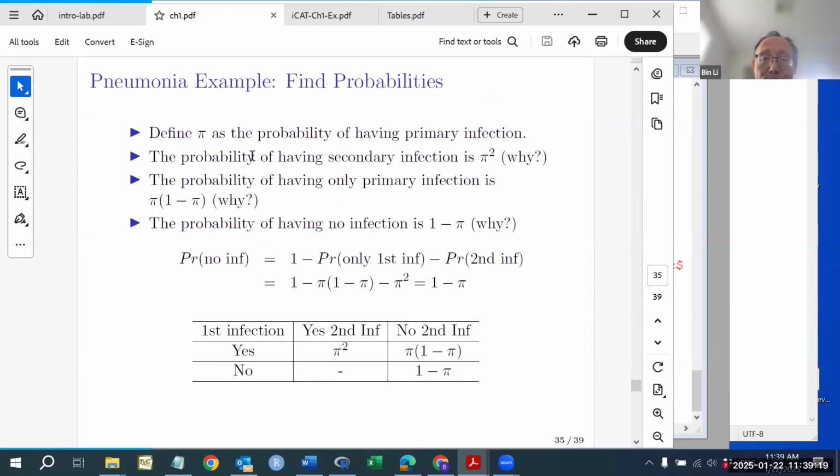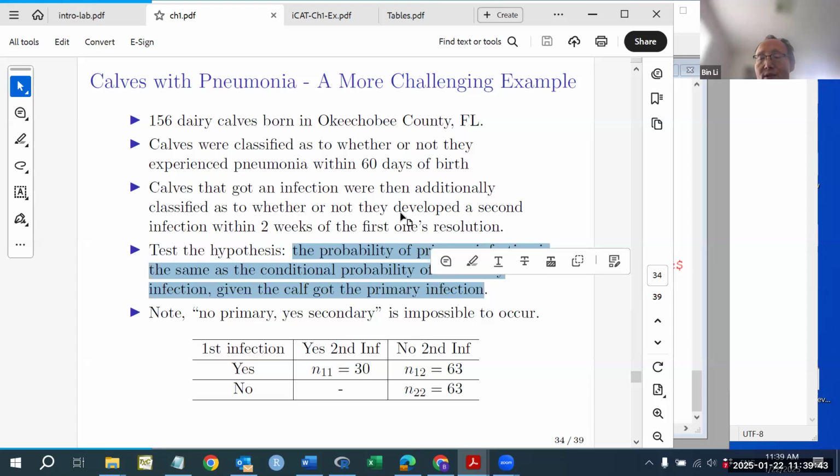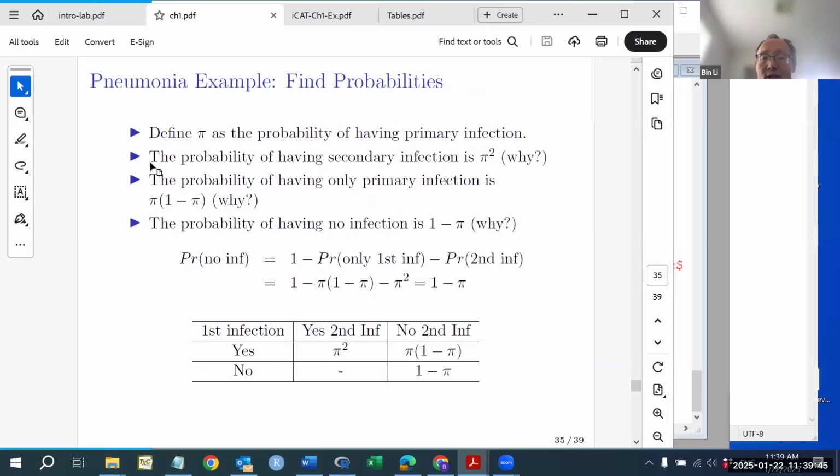Let's first define pi to be the probability of having the primary infection. Based on the null hypothesis, the probability of getting the primary infection is the same as the conditional probability of secondary infection given the first. So then the probability of having the secondary infection will be pi squared. Does that make sense?